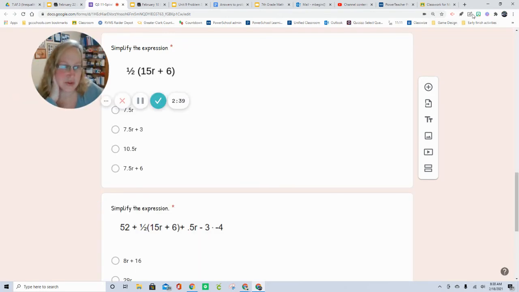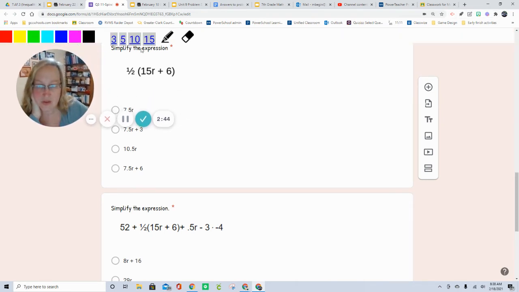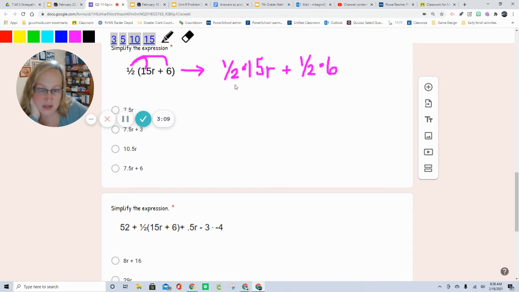Okay, number 2 is distributive property. So that means that you have to distribute the 1/2 to both numbers on the inside by multiplying. So this becomes 1/2 times 15r plus 1/2 times 6. 1/2 of 15, I think of money, it's $7.50.